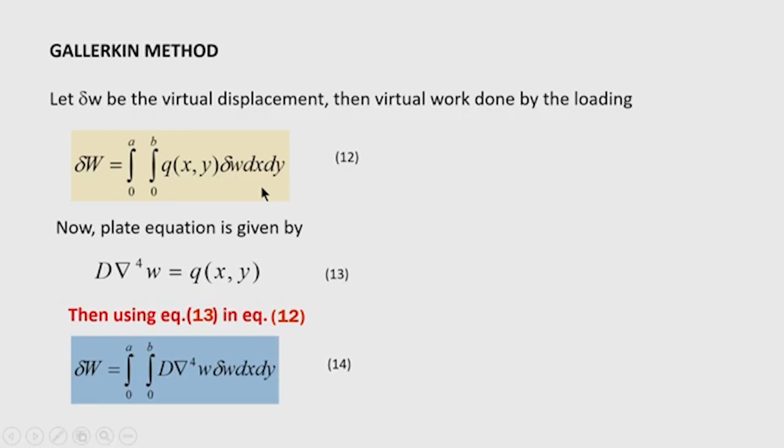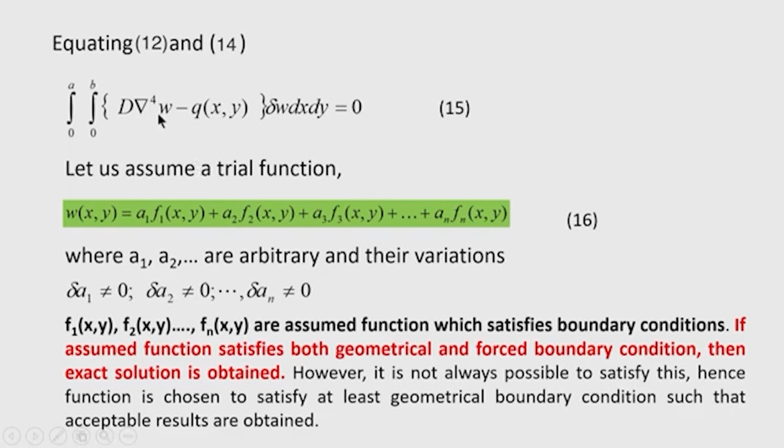So, after equating we can take this common term delta W dx dy, and the other term will be D del 4 W minus q(x,y). So, it is equated to 0.